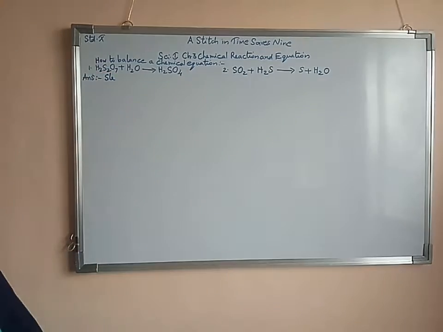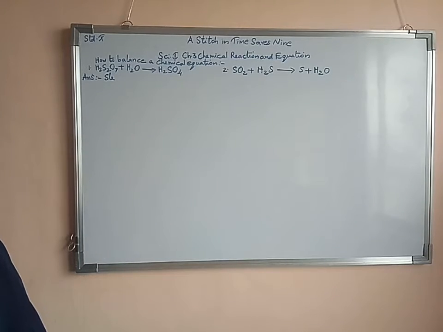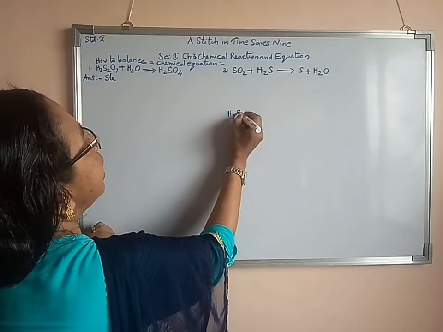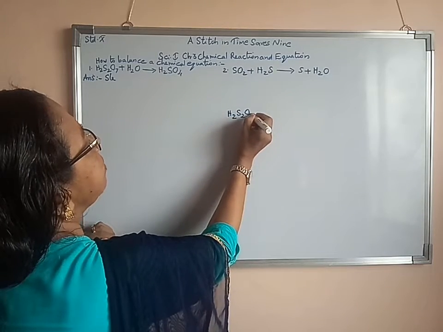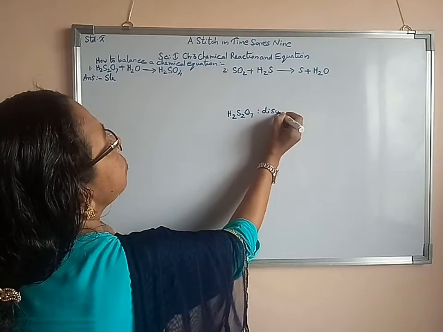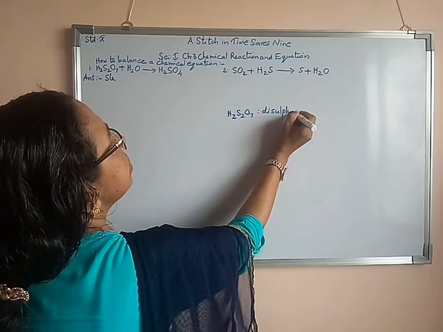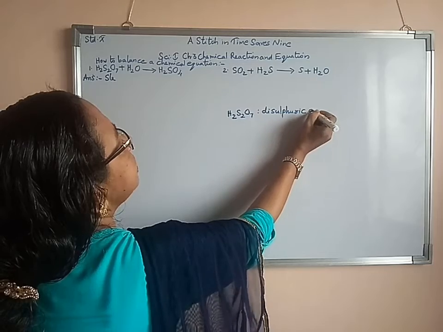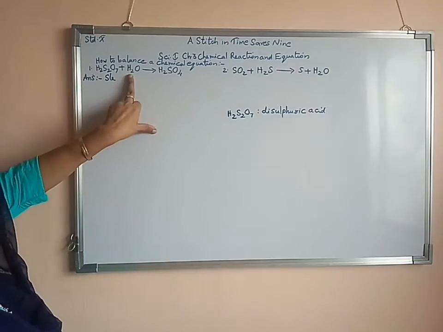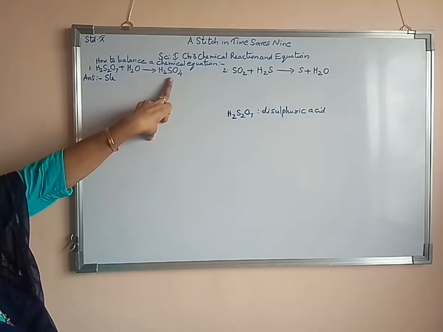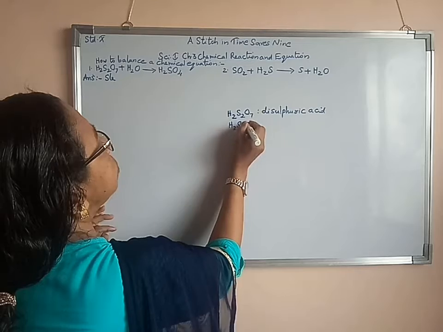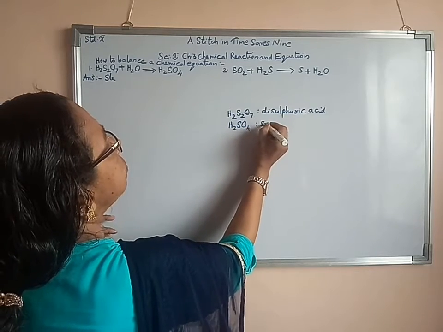H2S2O7 is known as disulfuric acid. Plus H2O means water, H2SO4, that is sulfuric acid.